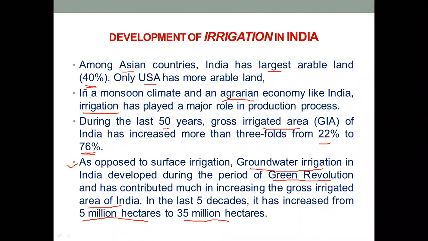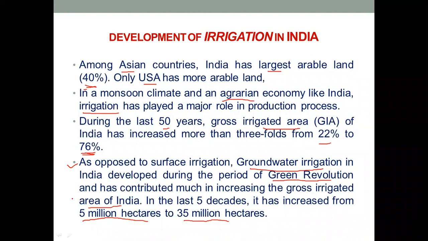Now while studying the third and fourth unit, we are going to see the modern developments in irrigation which are taking place in India in real time. All these developments that I have shown you have taken place in the last 50 years, but the daily developments which are taking place are going to be shown to you in detail in the third and fourth unit.